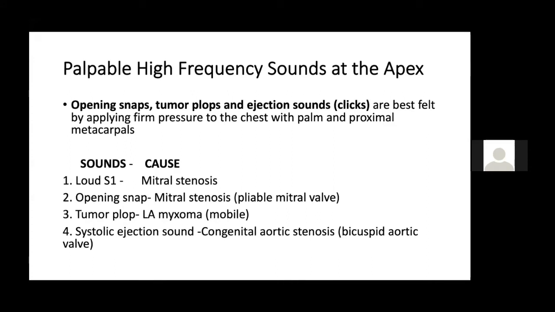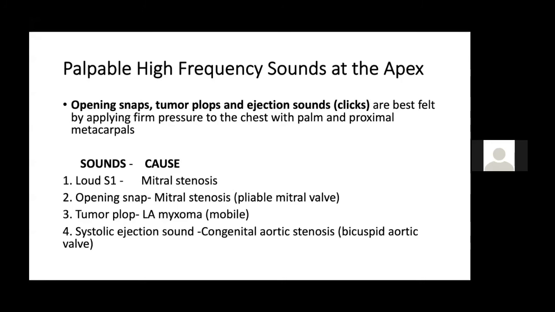Now, I will discuss this slide, but you should always remember that these are very rare events which can be palpated. S1 we usually cannot palpate. If it is a loud S1, we know it is a tapping apex. So it is a tapping apex which we are able to palpate and not an S1. And then the opening snap, though it is written, is very rare and difficult to palpate.